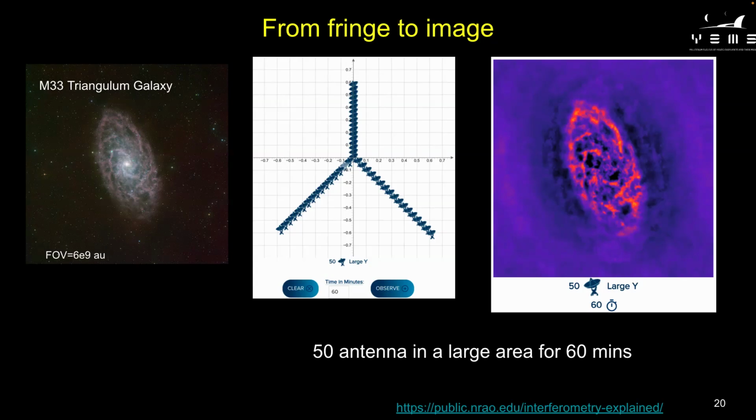If you remember the black hole observation, the whole globe was an interferometer. We also take into account the Earth's rotation, and therefore the increase of time, which increases the number of points. So that's how we also increase the resolution and sensitivity.